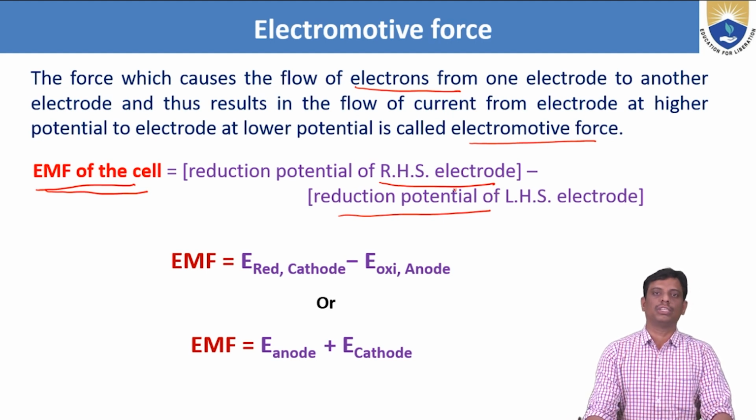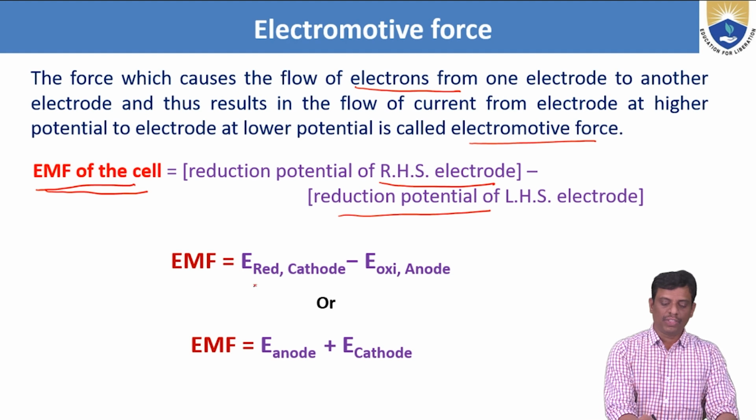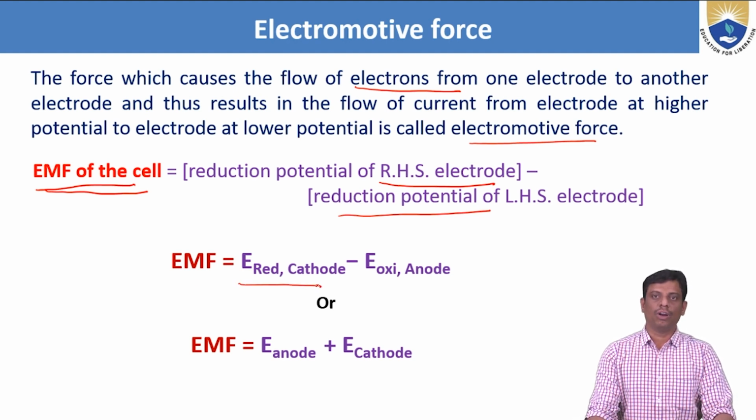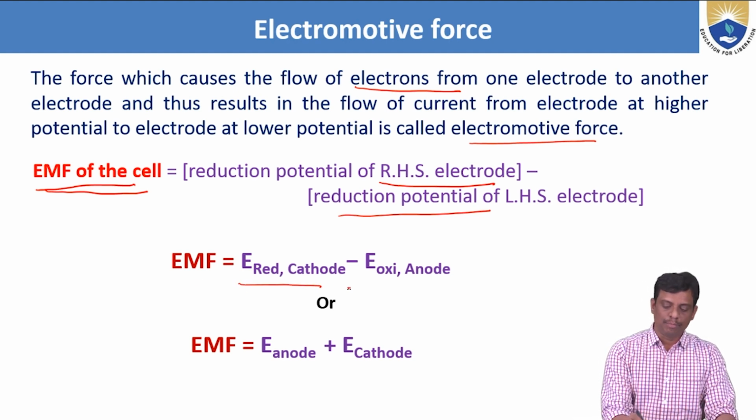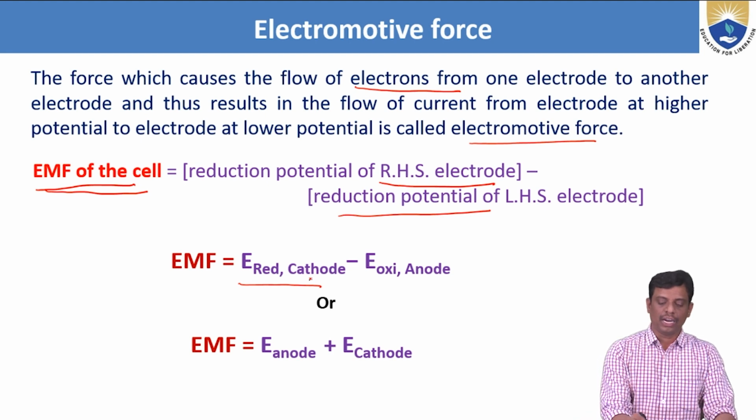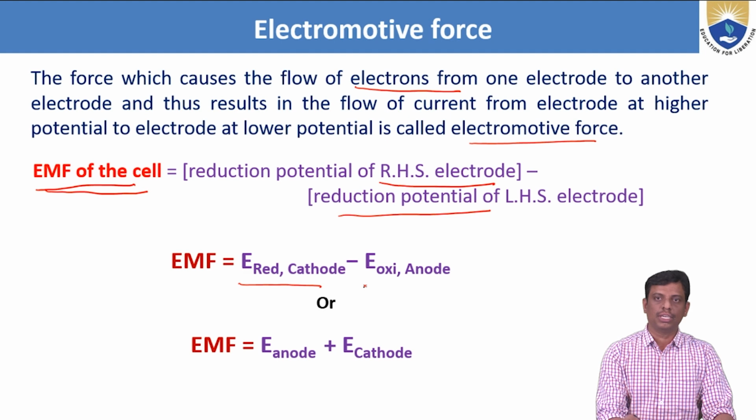The left side has the anode electrode, where oxidation takes place, and the right side has the cathode electrode. So the simple equation is E reduction, or E cathode, minus E oxidation, or E anode.